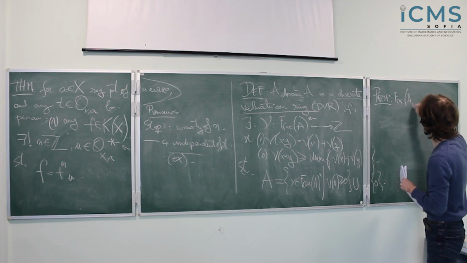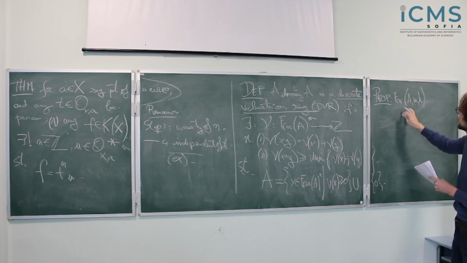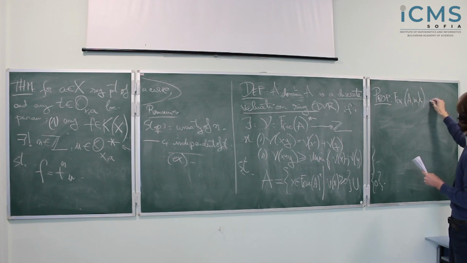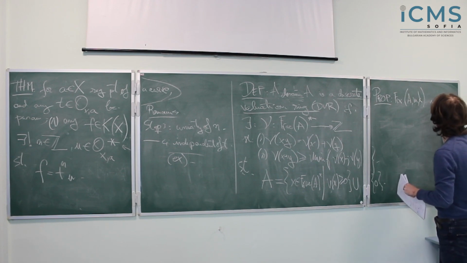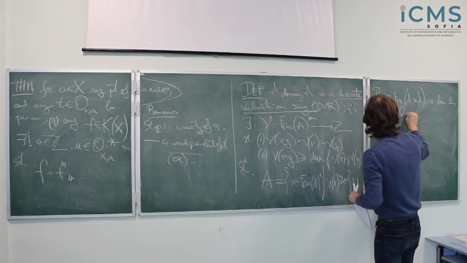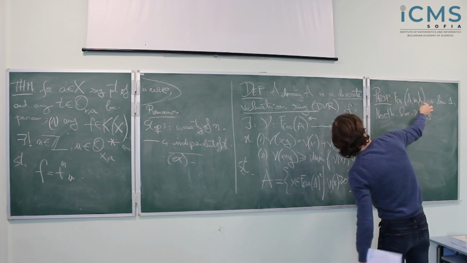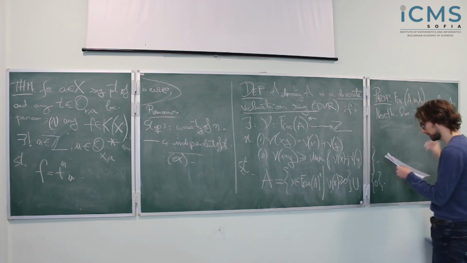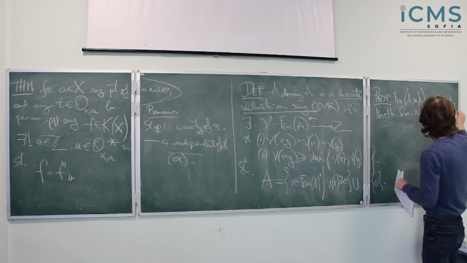So I'm going to give a proper definition here. Fix a dimension 1 local ring A, where M is the maximal ideal and k is the residue field. Then we have equivalent statements.